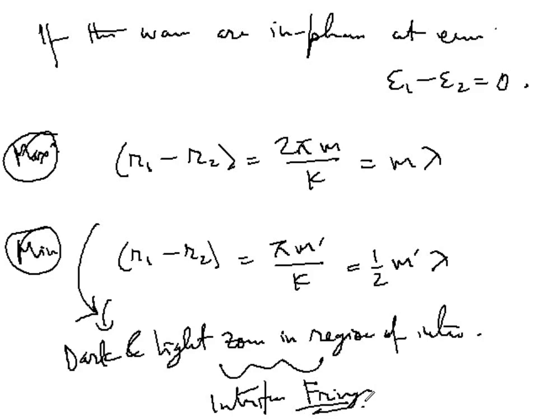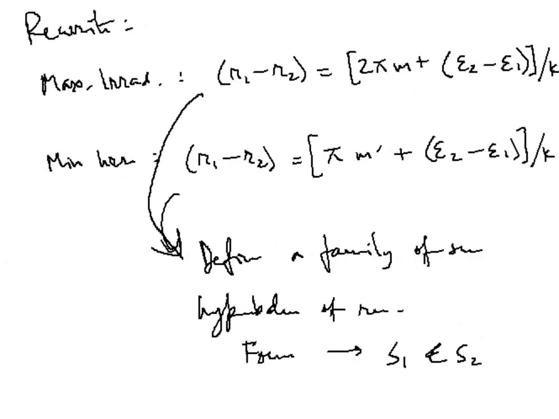Okay, now these are the three main ideas. So basically we have talked about the basics of interference, the condition for interference, and interference fringes. The two waves must also have the same polarization state. This is also important for observing the interference pattern.